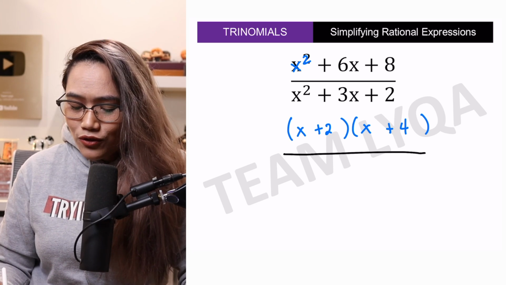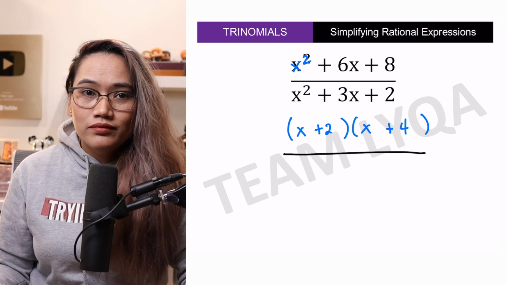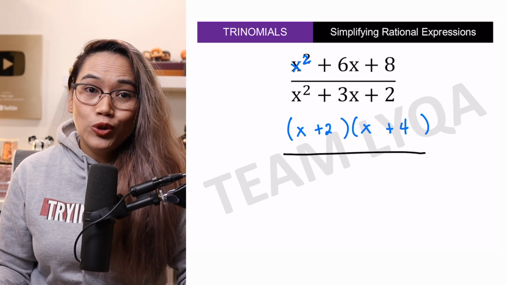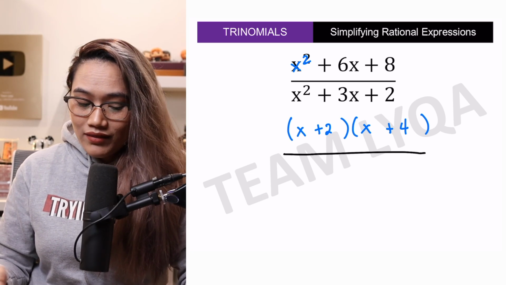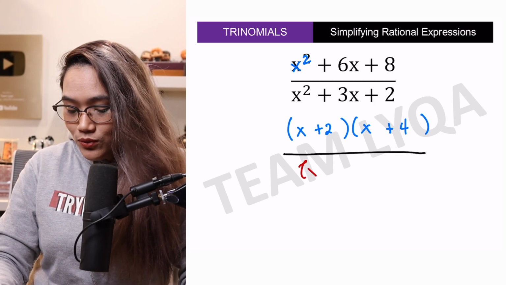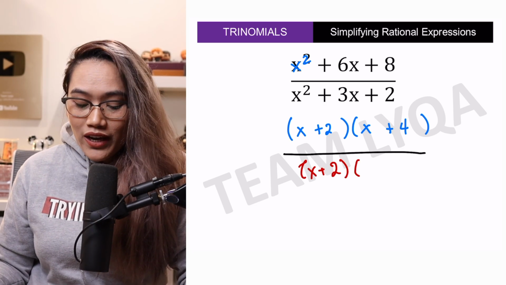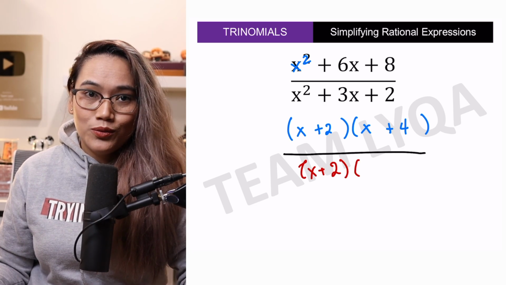Na kung makikita ninyo, yung 4, mas malaki na agad siya dun sa positive 2 dito. So, malabo na ito yung isa sa factors sa pinag-uusapan natin. So, ang una kong huhulaan would be x plus 2 na lang agad at kung ano man ang imumultiply ko sa x plus 2 para lumabas yung x squared plus 3x plus 2.